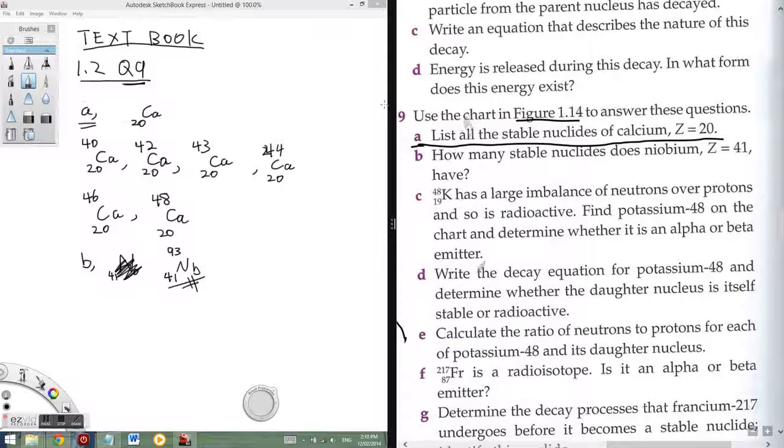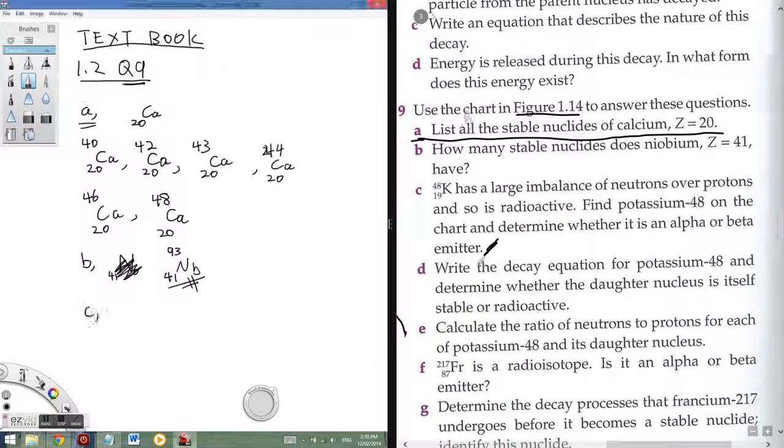Now, let's go to question C, the next question. Potassium 48 has a large imbalance of neutrons over protons and also is radioactive. Find potassium 48 on the chart and determine whether it's an alpha or beta emitter. Atomic number 19. Let me write it down.